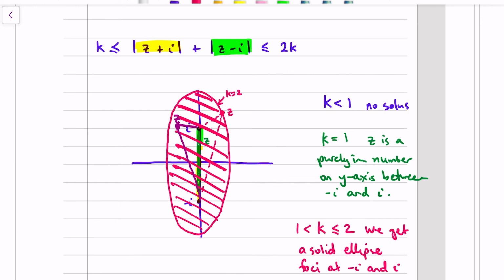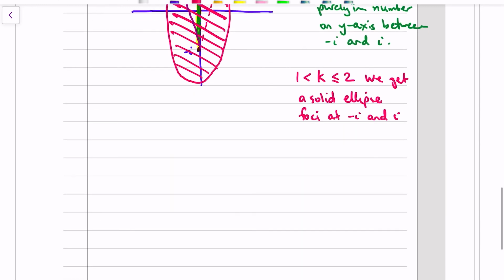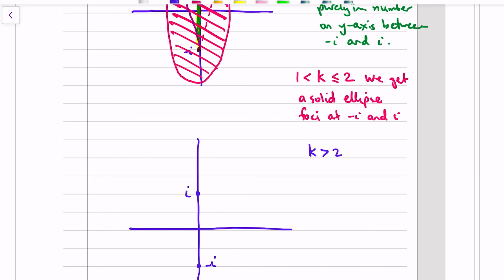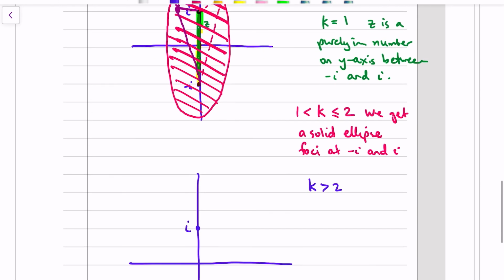When k gets bigger than 2, it gets a bit strange, so I'm going to draw that as a separate graph. When k is bigger than 2, again we still have our focal points at i and minus i, but now our equation's a little bit different.